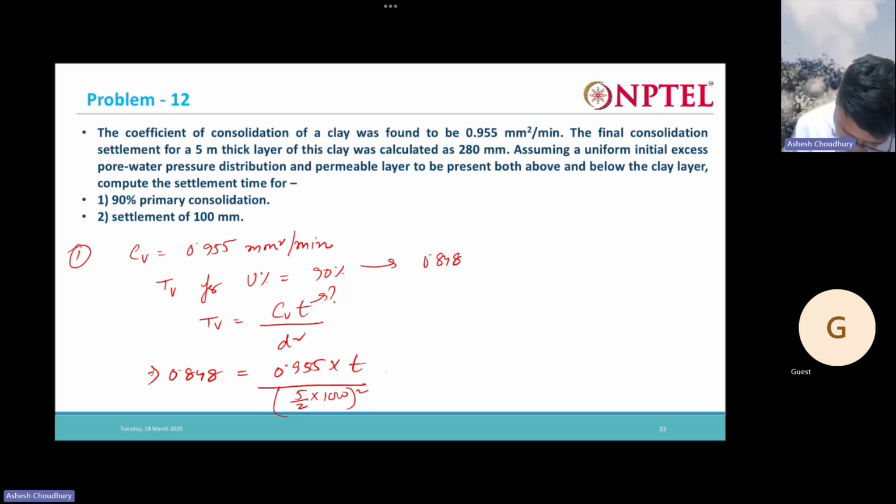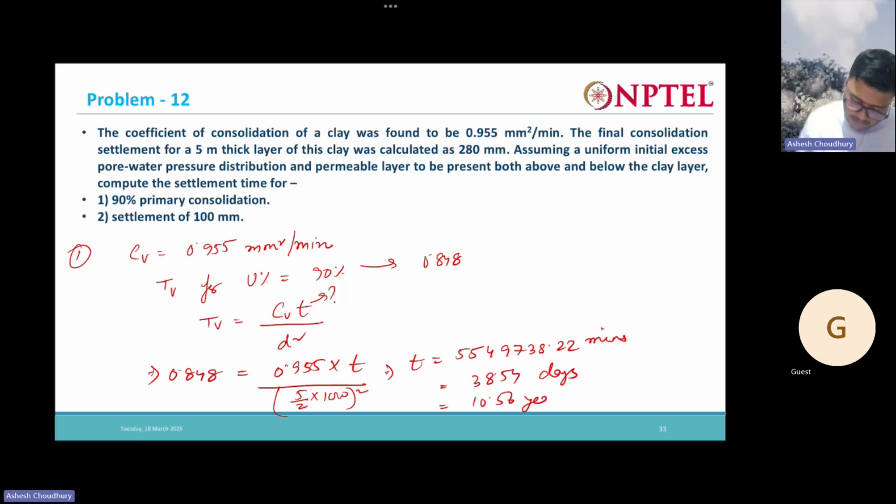So this one will come out as t in minutes, which is nothing but days. It's nothing but 10.56 years. That is to achieve 90% of the primary consolidation.